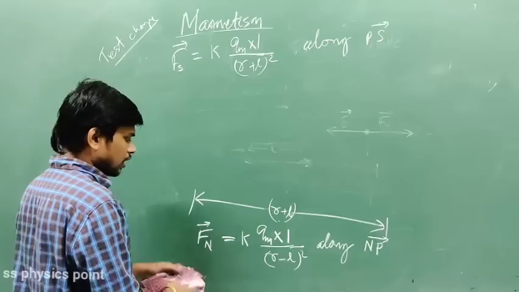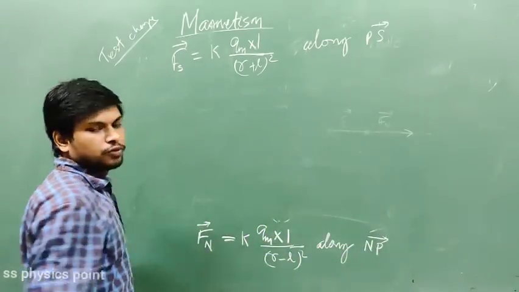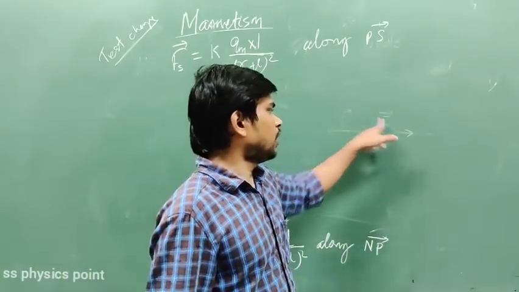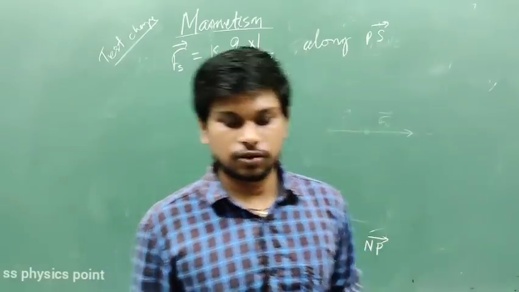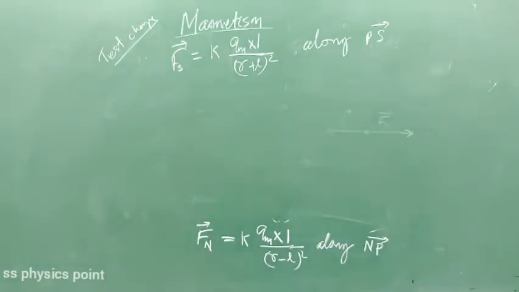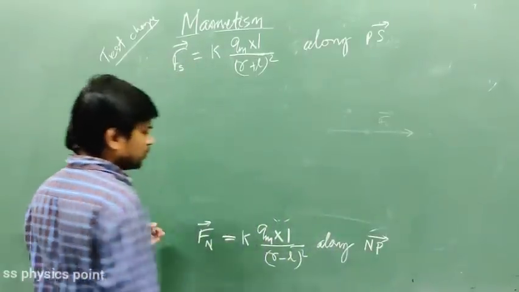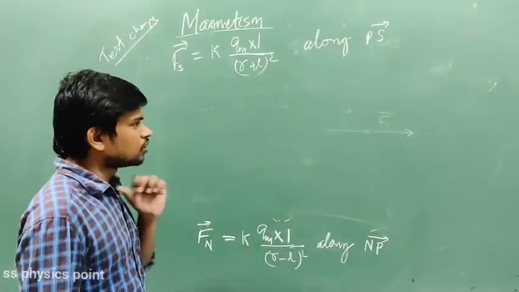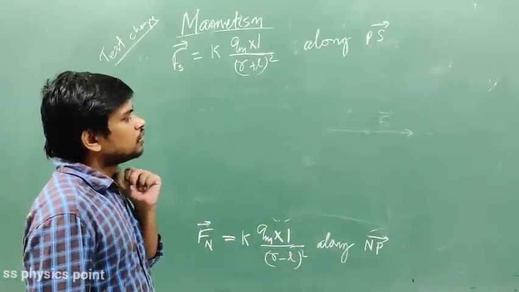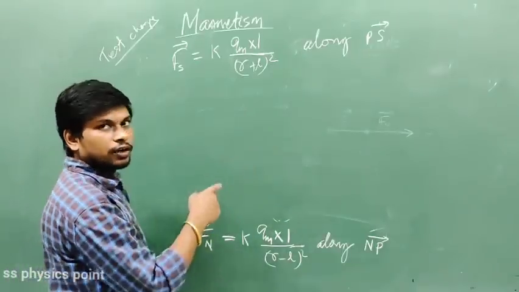So ये हो गया Fn और ये हो गया Fs. दोनों फोर्स मिल गया. अभी नेट फोर्स निकालेंगे. नेट फोर्स will be Fn minus Fs. So the net force at the point is given by how much? Fn minus Fs. So Fn minus Fs you are doing means, how much the force will be? And remember here, you have to calculate the magnetic field.